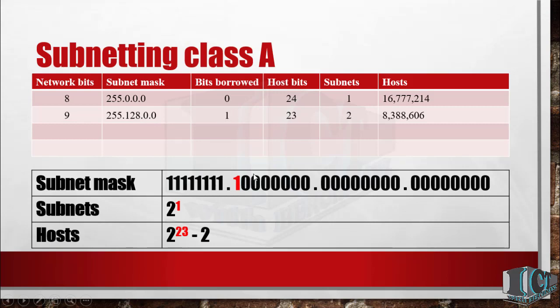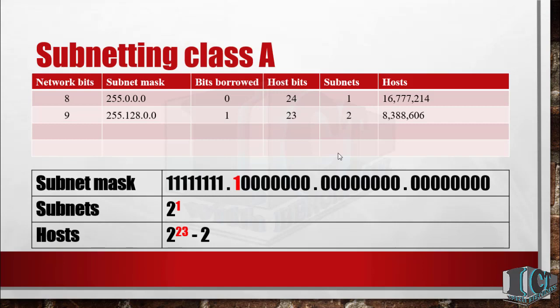The host bits were 24 earlier, but because I borrowed one bit, the host bits now become 23. The number of subnets created is equal to 2 to the power number of bits borrowed, so 2 to the power 1 gives me 2. And the number of hosts is calculated by 2 to the power 23, that is the number of host bits, minus 2, which is going to give me this value.